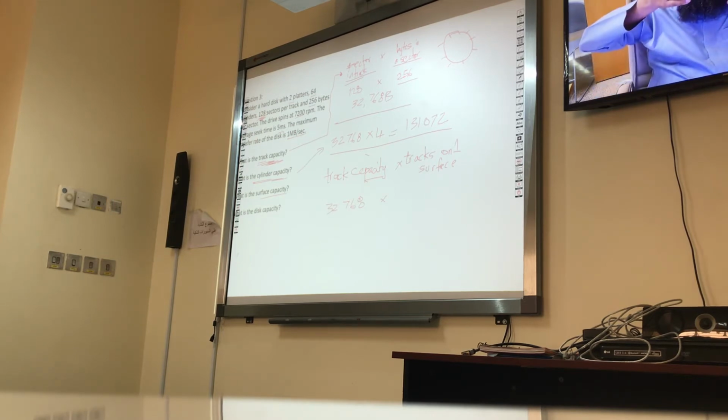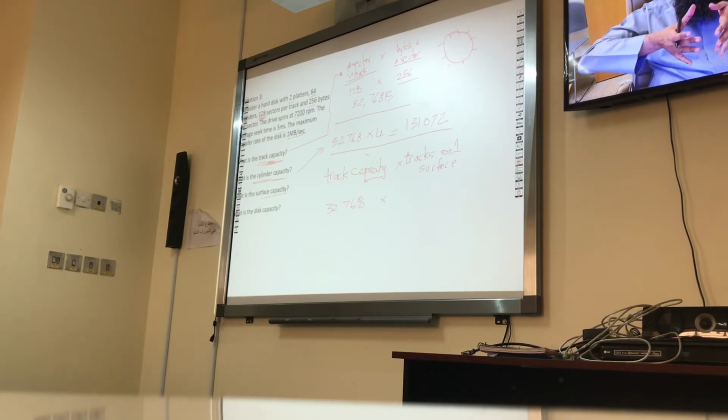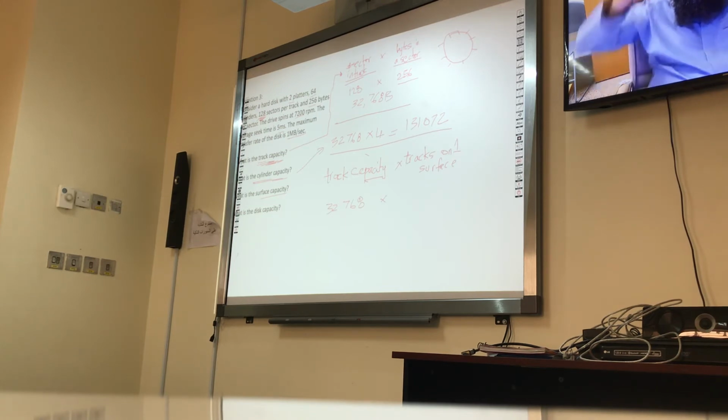So the number of tracks on the surface are the same as the number of cylinders, right? Because that's how many cylinders they will make. Every track on one surface makes one full cylinder in the drive.